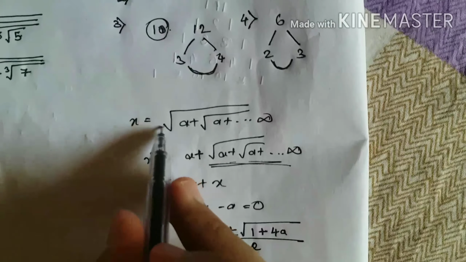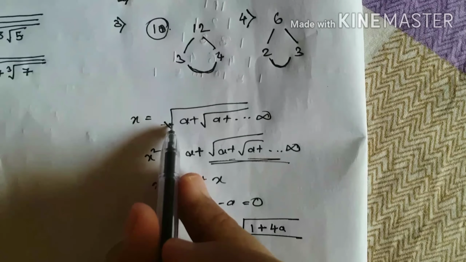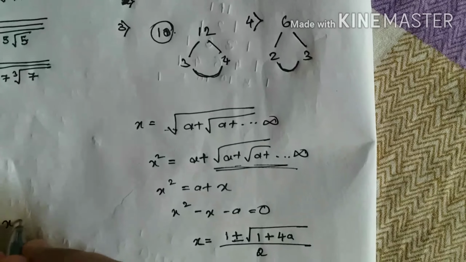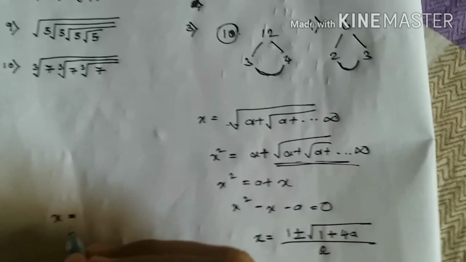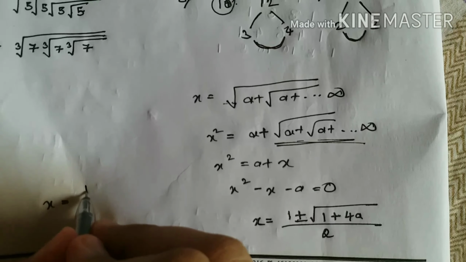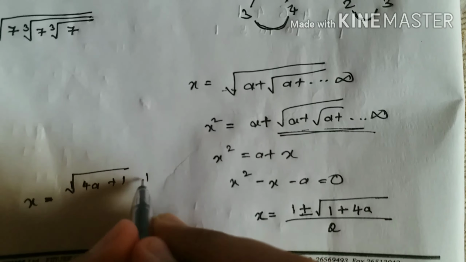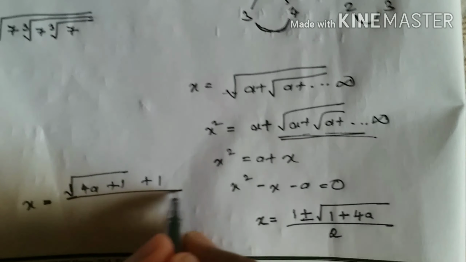Now since it will give a positive answer from this root, we neglect the negative sign and we write x is equal to root over 4a plus 1, by 2.